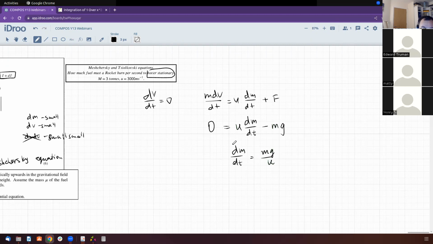A very simple one. And this is the rate of change of mass. So that is the amount of fuel per second, the rate of burn of fuel. And then you just plug things in.